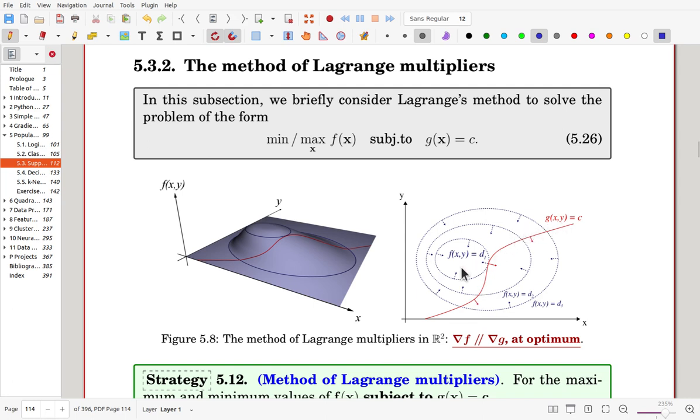Now, we'll try to use our knowledge of derivatives. The gradient is the direction of fastest increase.